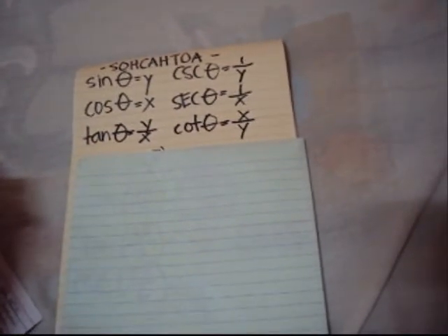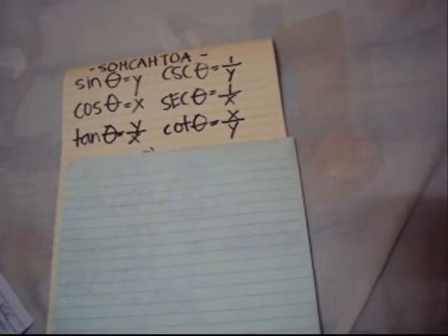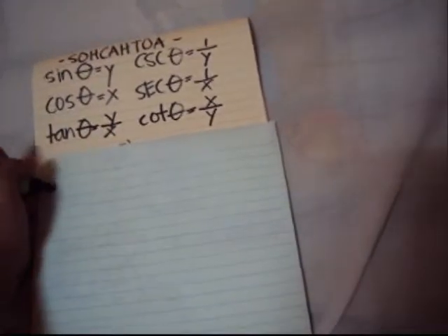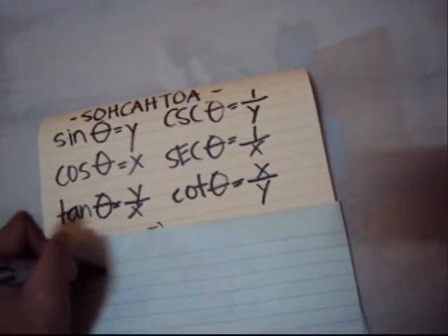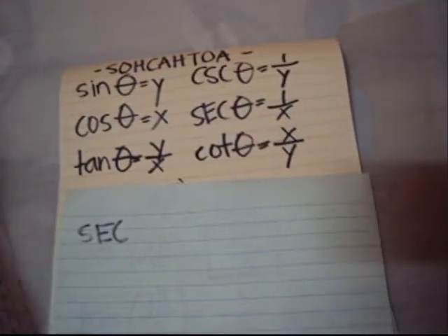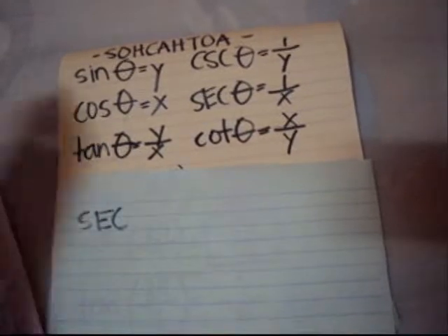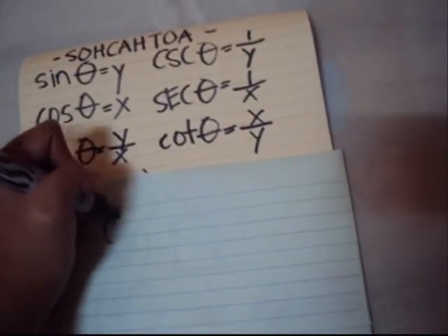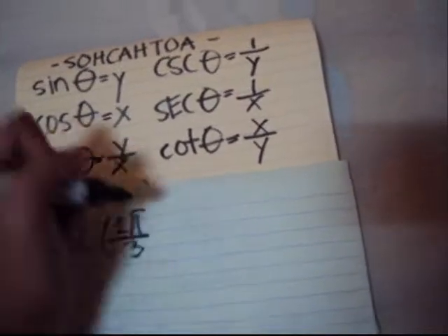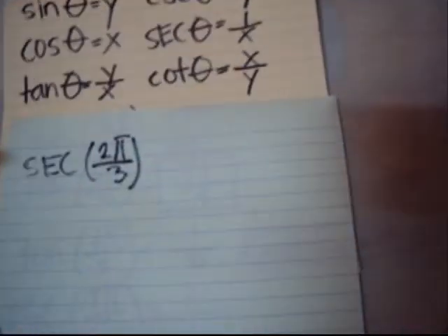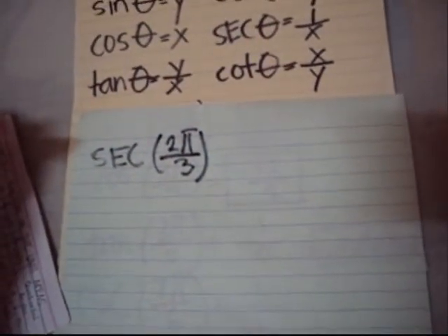And now, let's have an example for secant. The example is secant of 2 pi over 3. The formula for secant is 1 over x.